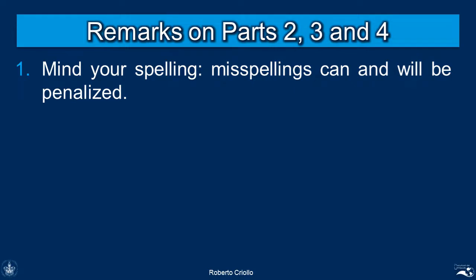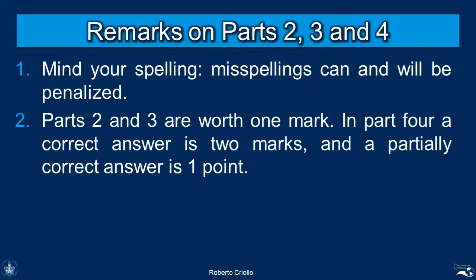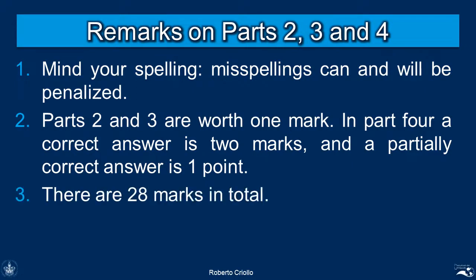Now another thing that is important for you to remember is that there are 28 marks in total. That means that if you have all of the correct answers in this section of the test, you will get 28 points. And you need only 18 points, you need only 18 correct answers, in order to obtain the B2.